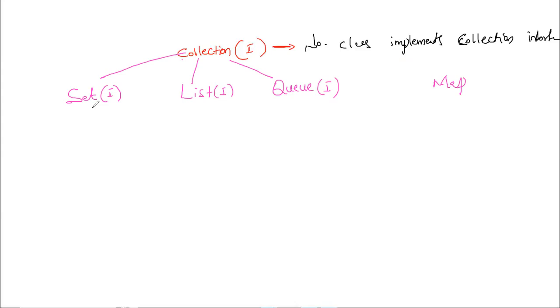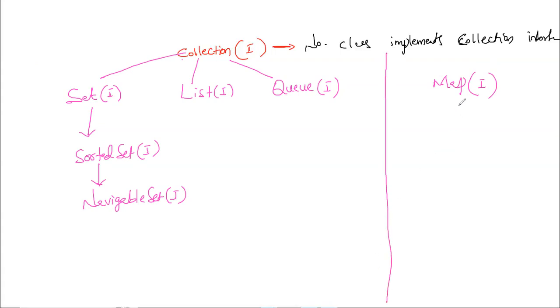Sorted Set, and then one more here, Navigable Set. When it comes to List, anything else? I'm asking about interfaces, not implemented classes. No. Queue? No. Then Map is one interface which is not a child of the Collection interface.